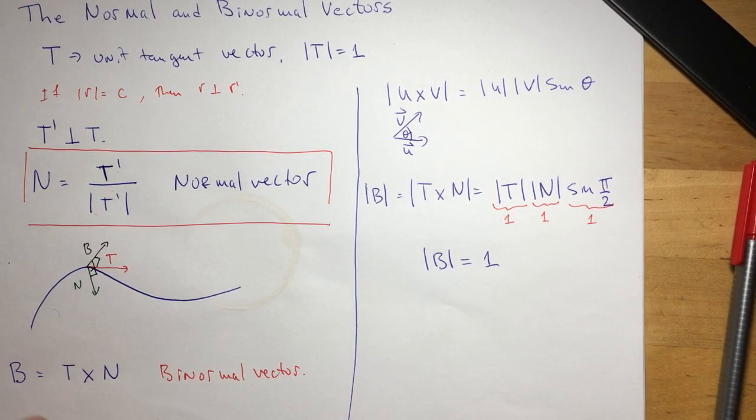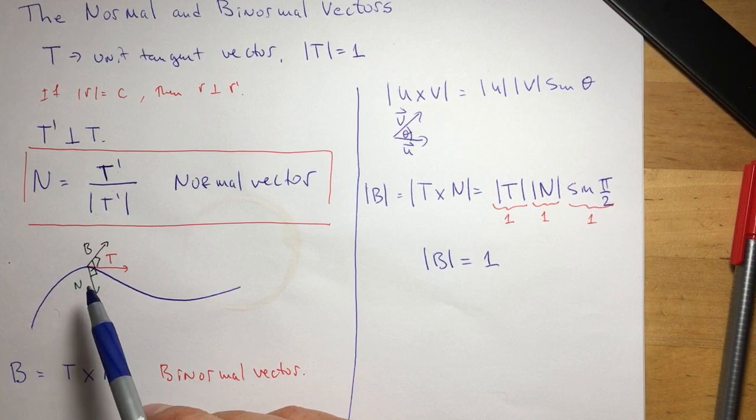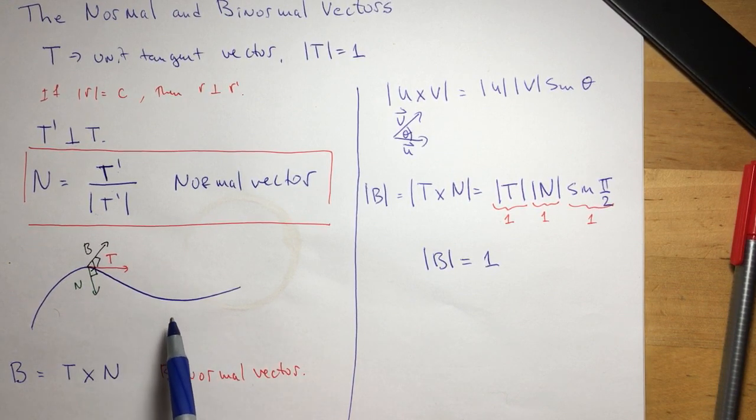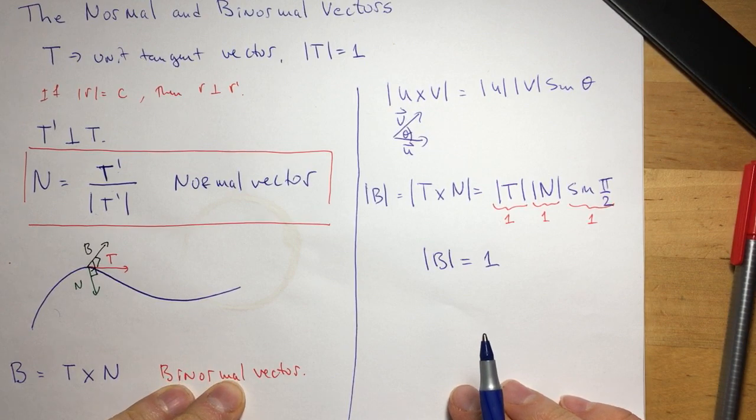Okay, so these three vectors follow the curve at each point. Also, they're called the TNB frame, which is a trio of vectors.